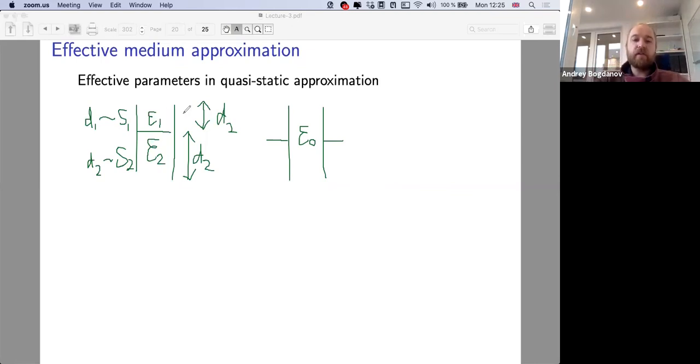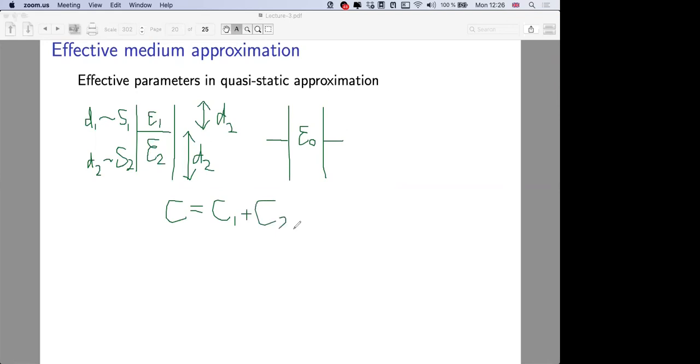But in this case, this is just two parallel capacitors. It means that C is equal to just C1 plus C2. Do you agree? Yes.